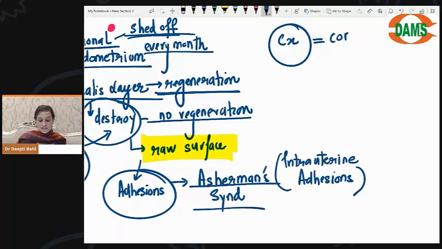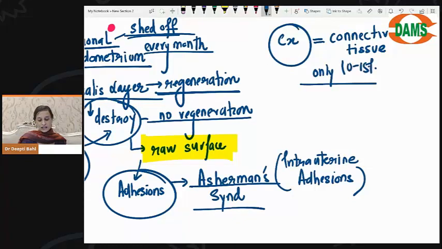The cervix is primarily made up of connective tissue. Only 10 to 15% of the cervix is smooth muscle. The rest is all connective tissue, so it is made up of collagen. That's how the cervix is very different from the uterus.